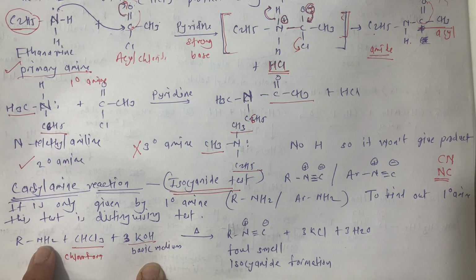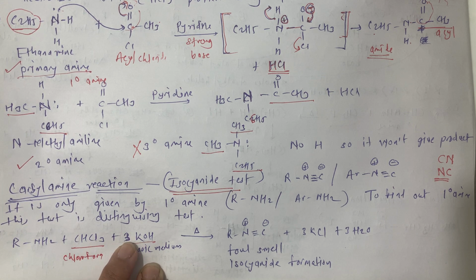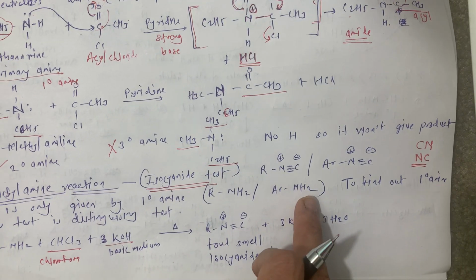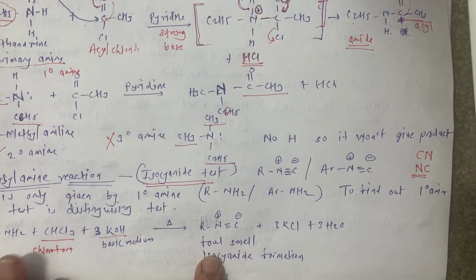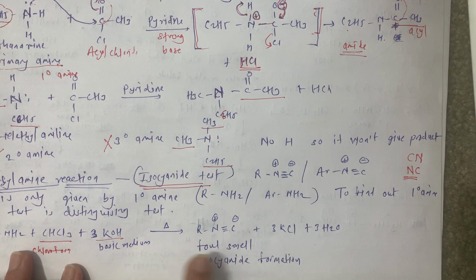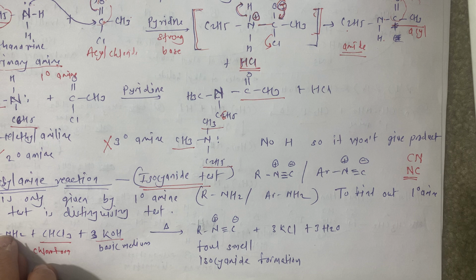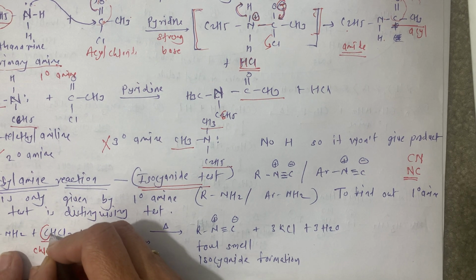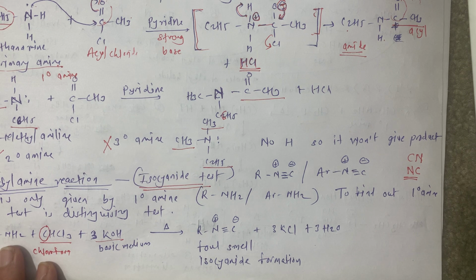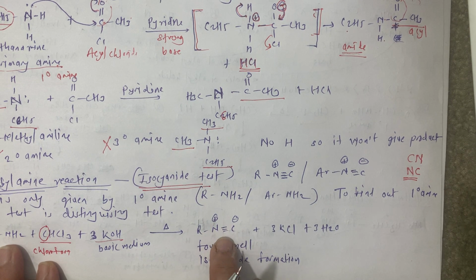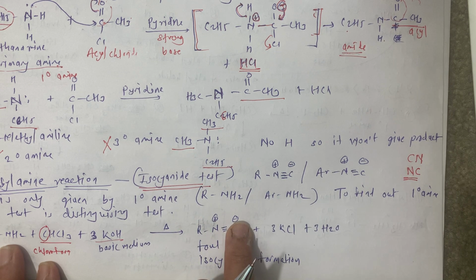So this is RNH2 plus CHCl3 plus three KOH. So what is going to happen here? This is a very complicated mechanism, but for the 12th standard, we just have to remember: here it is RN, then carbon from this chloroform attaches over here, and you have to balance the valencies. So N has the positive charge, triple bond C negative.